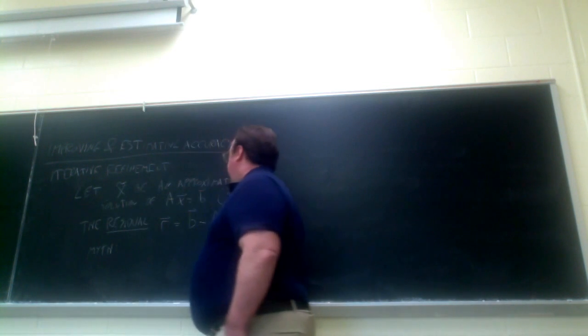The myth I want to dispel right away is that if the residual is small, there's necessarily a small error, and vice versa. It's often true, but you want to avoid falling into the trap of assuming that just because you have a small residual, it really is an accurate solution. It just depends on the matrix.